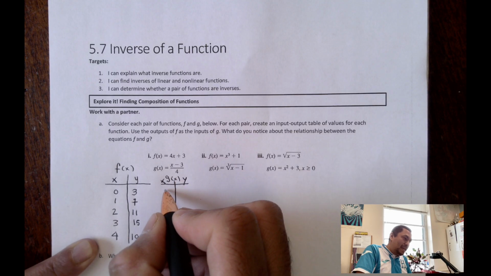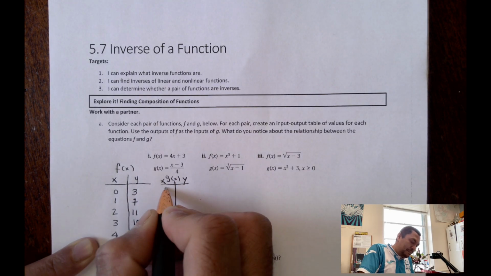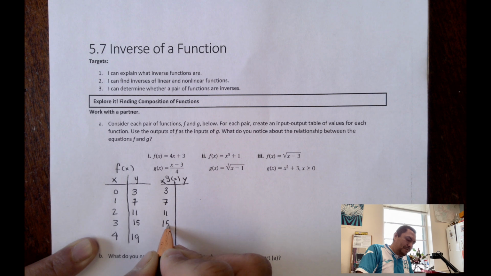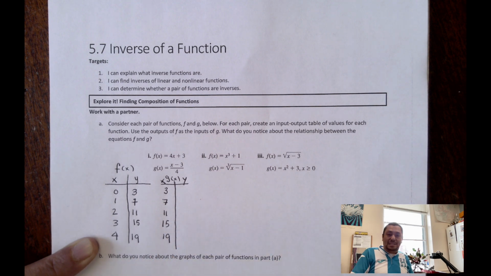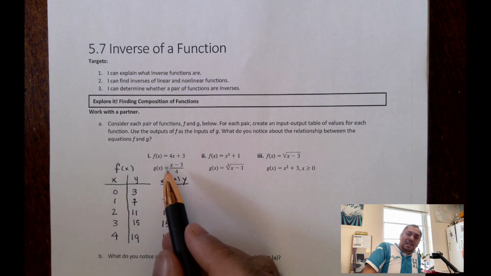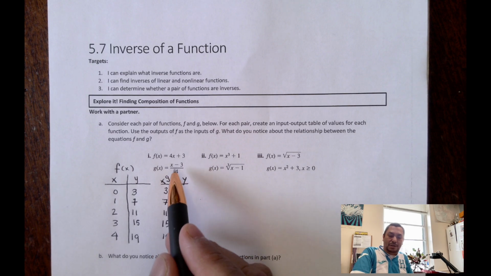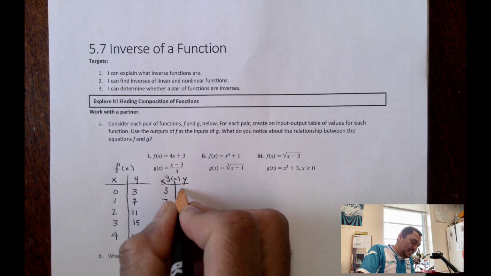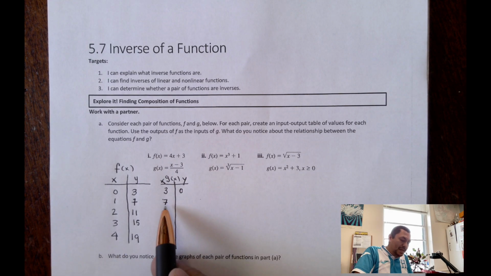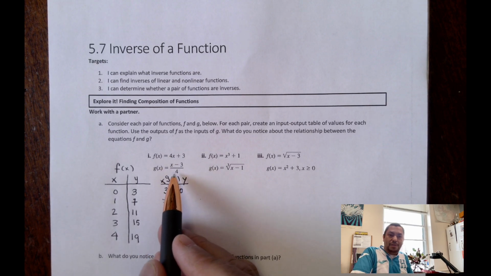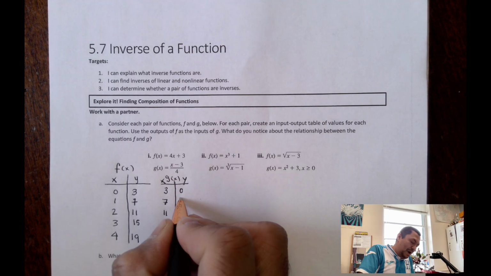So in this case, my inputs are going to start with 3, 7, 11, 15, and 19. And we plug into g of x. 3 minus 3 is 0. 0 divided by 4 is 0. Now 7. 7 minus 3 is 4. Divided by 4 is 1.